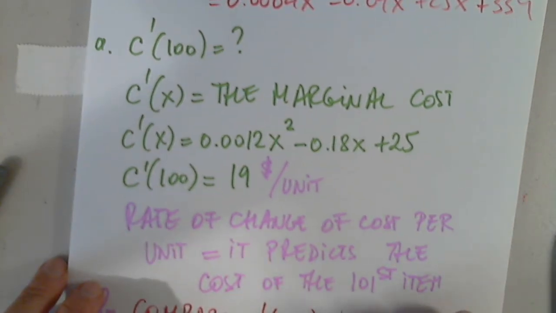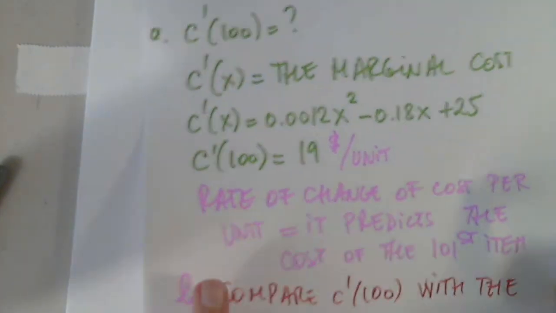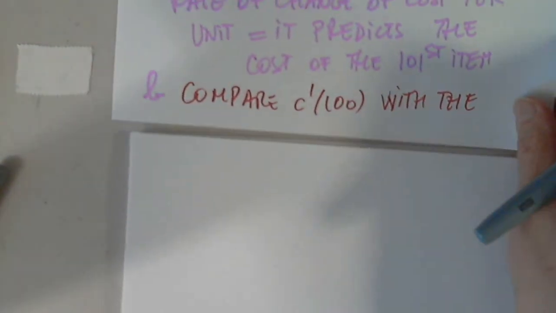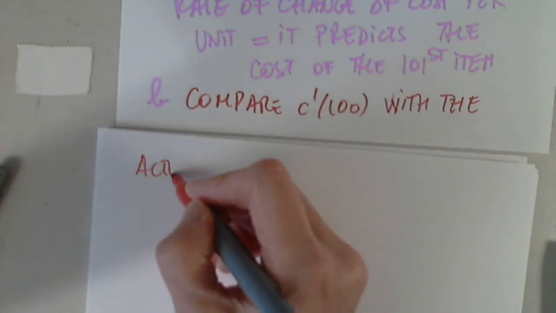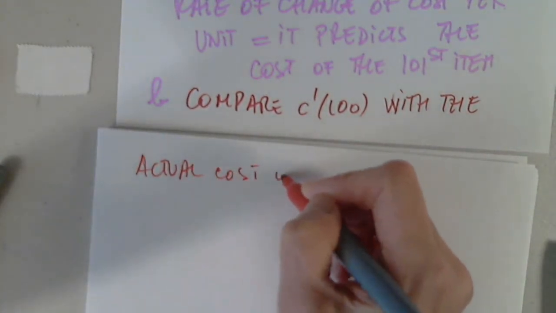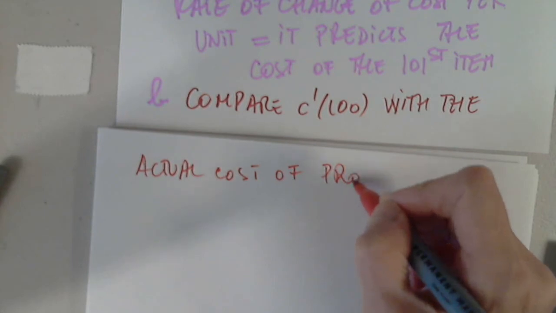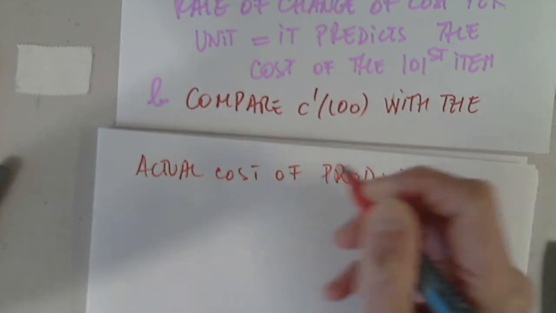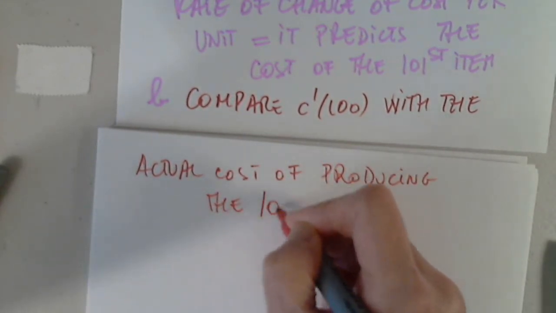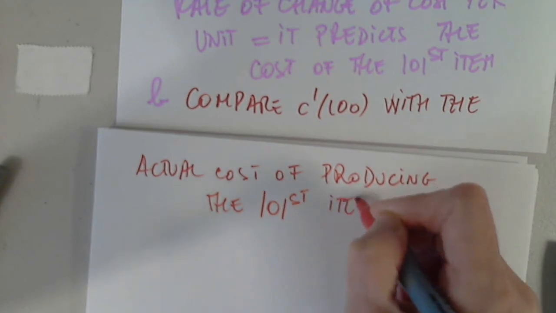Compare C prime with the actual cost of producing the 101st item.